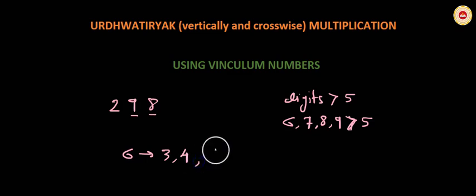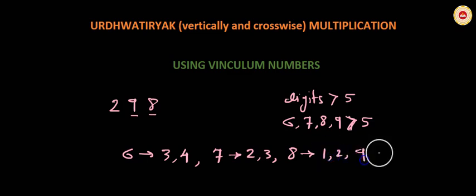If it is 7, then its value will be 2 or 3. If it is 8, then its value in vinculum number will be 1 or 2. If it is 9, its value will be 0 or 1. Of course, these converted digits will be negative.